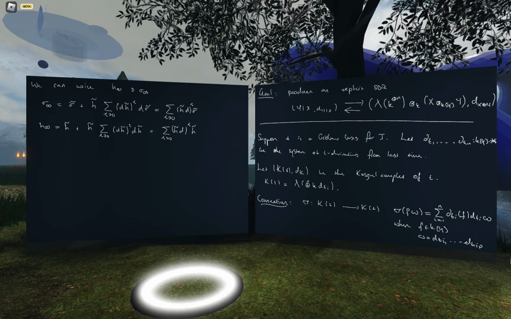Okay, cool. So now it just remains to remove the differential of the causal complex from the strong deformation retract, which I had up on the previous board.